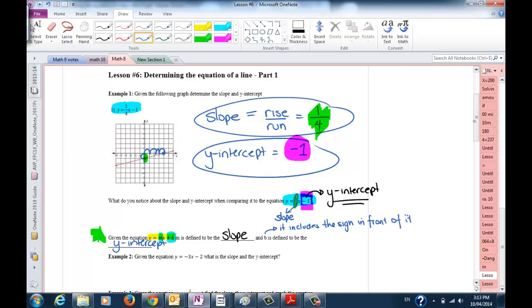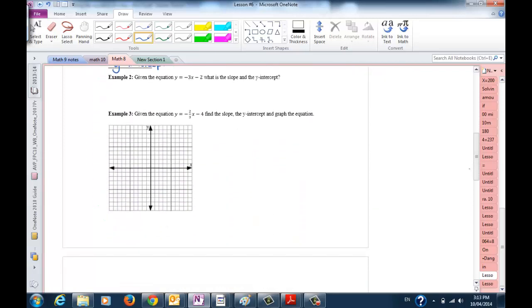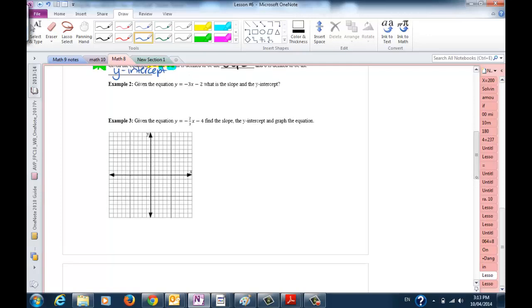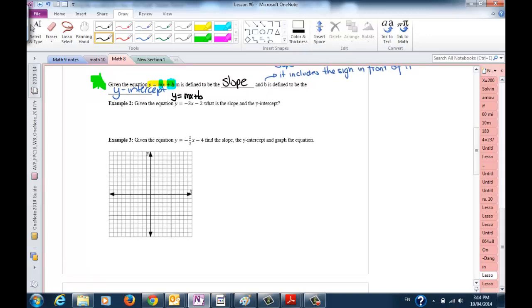Alright, so let's look at a second example. Given the equation y equals -3x minus 2, what is the slope? What is the y-intercept? So if you can't remember, maybe every time you want to write y equals mx plus b. And just as up here, we defined m to be our slope.